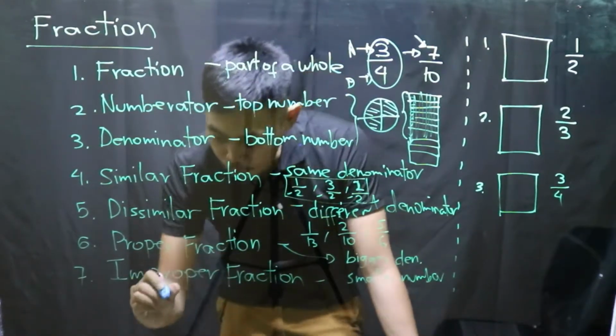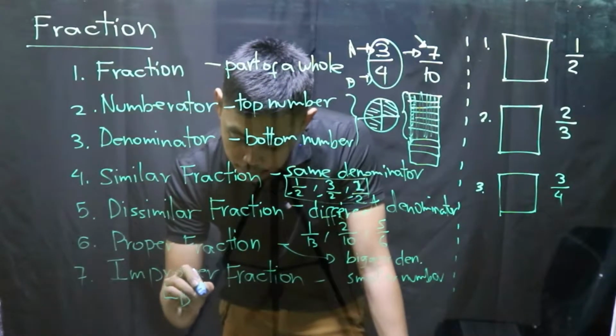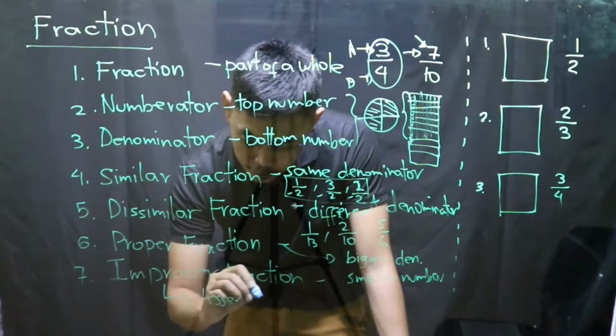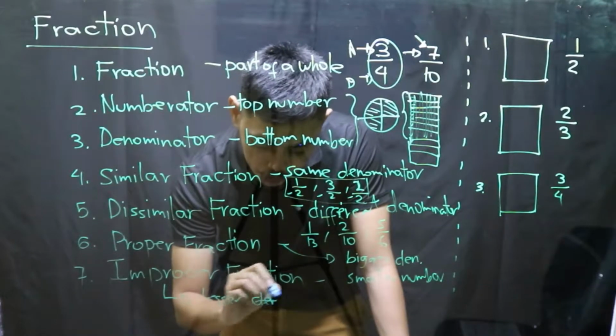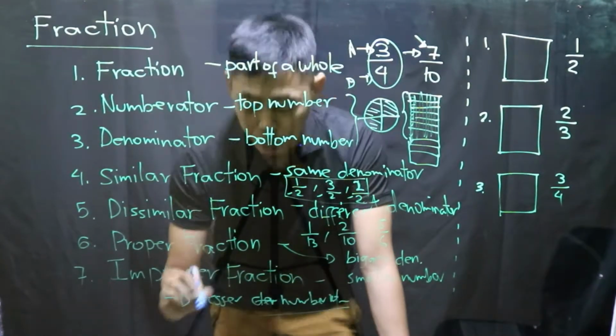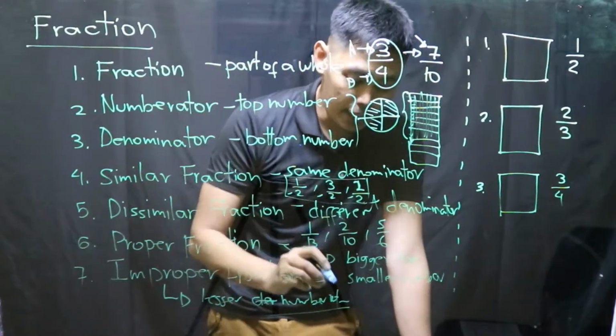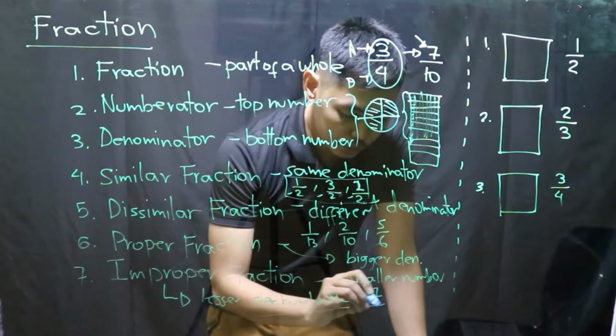But an improper fraction, on the other hand, has a lesser denominator and a bigger numerator. For example, let's say 7 over 5.